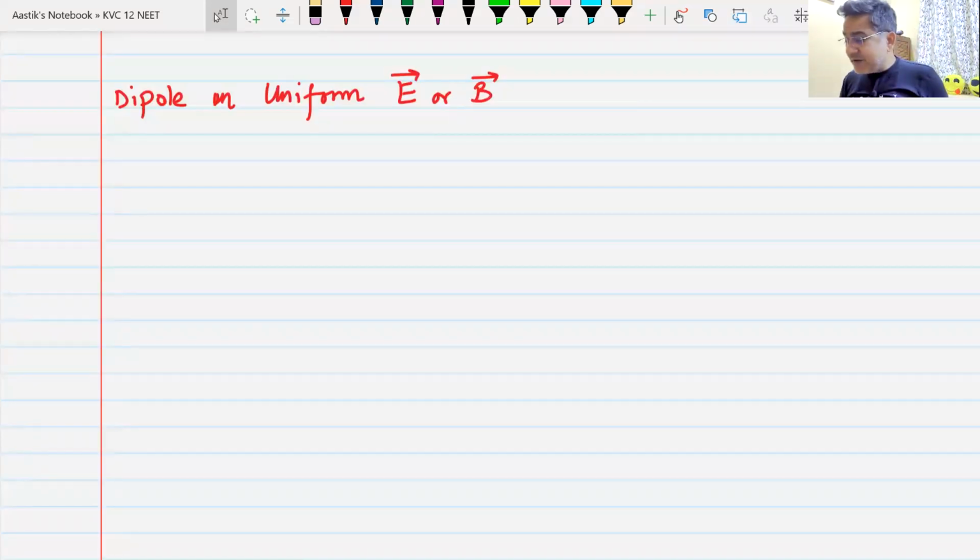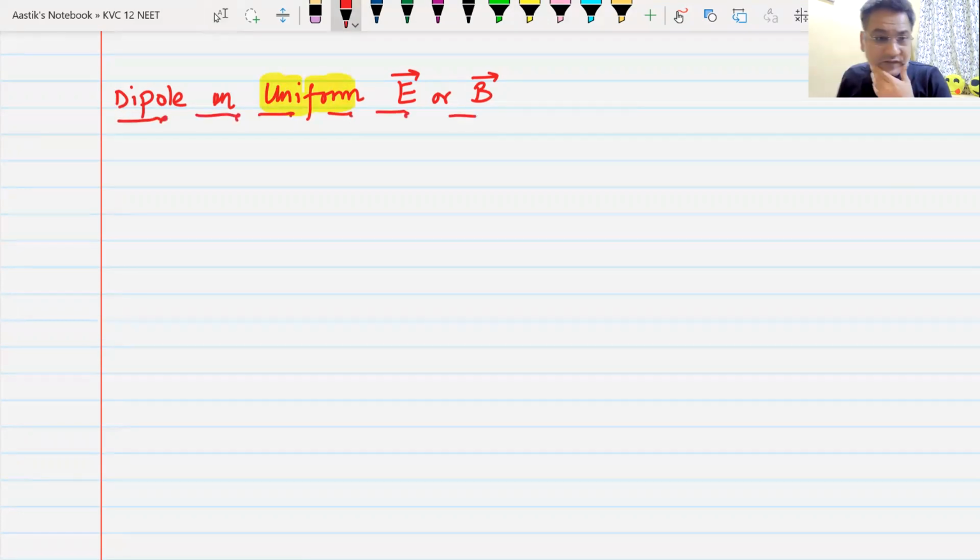Now, remember, whenever a dipole, whether it is electric dipole in electric field or bar magnet in a magnetic field, whenever they are placed in a uniform electric or magnetic field, 2 points you will have to remember.